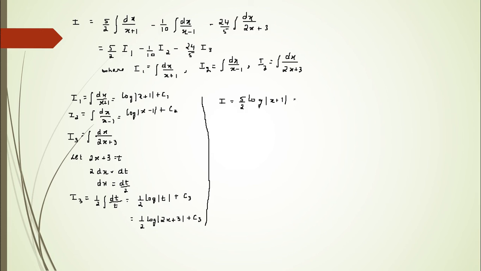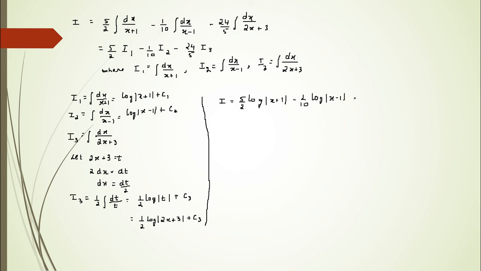I'll not put C1, C2 and C3 because I can finally write it as C. And then I have minus 1 by 10 into I2. I2 is log of modulus x minus 1.